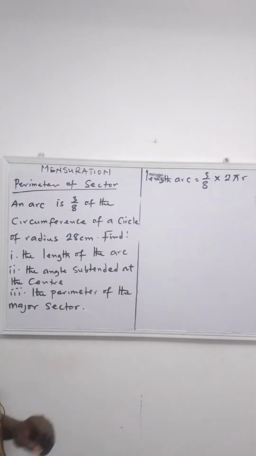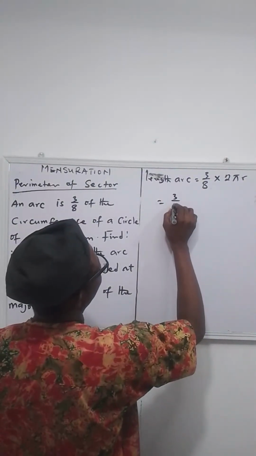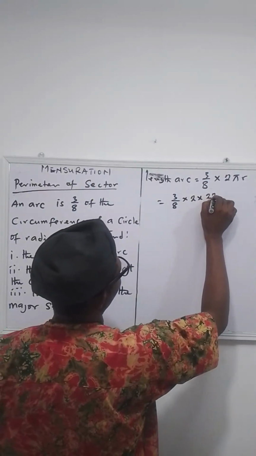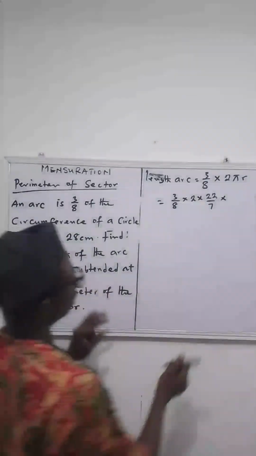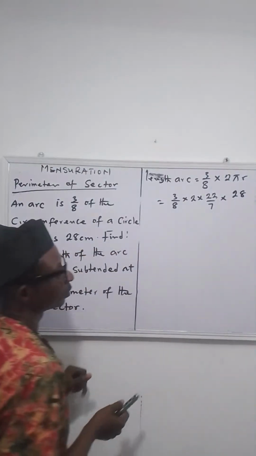I hope you get that, and that's what the question is talking about. So we have this to be 3/8 times 2 times 22/7 times, now the radius is given to be 28, so 28.